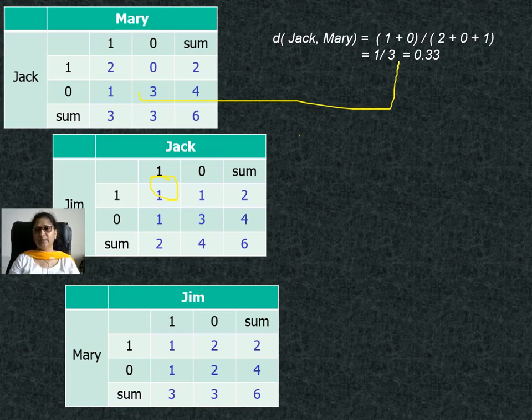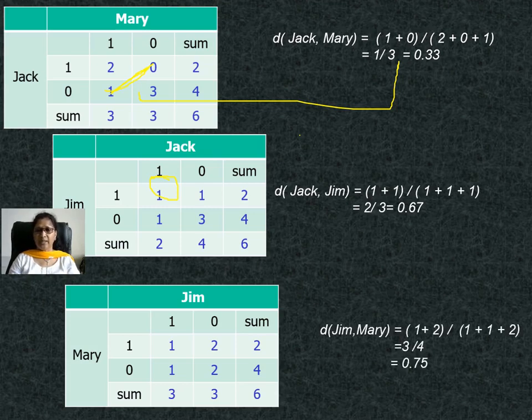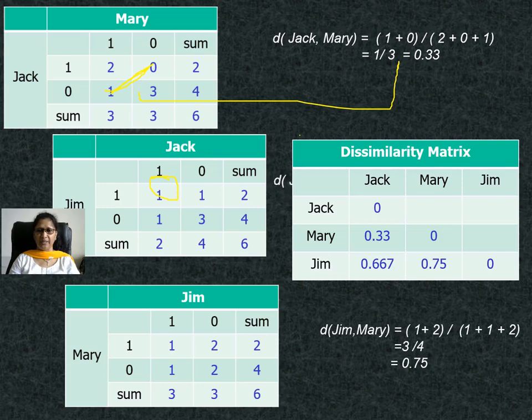So at the denominator, you will realize that the count of t is missing, and we compute by adding these 2 values where one of them is 1 and the other is 0, and that count is 1 plus 0, divided by 2 plus 0 plus 1. That comes out to be 1 by 3, 0.33, which is the dissimilarity between Jack and Mary. Similarly between Jack and Jim, and then we compute for Jim and Mary. And this is the dissimilarity matrix for each pair of the patients.